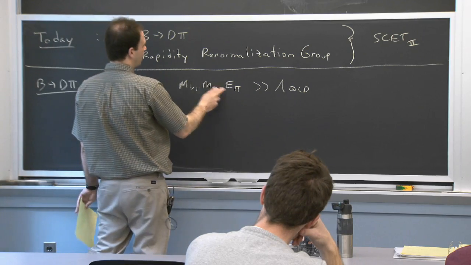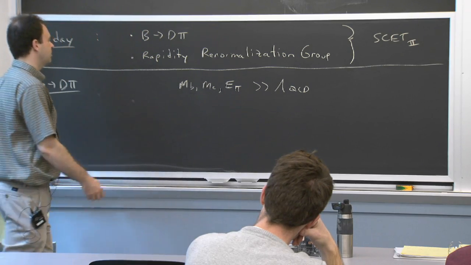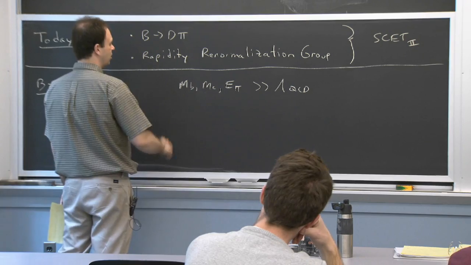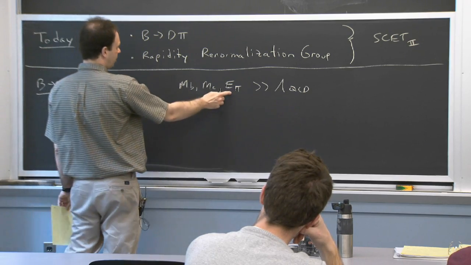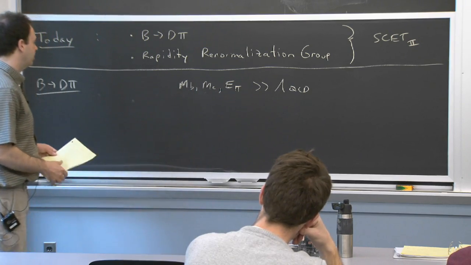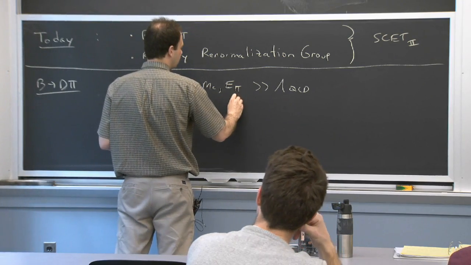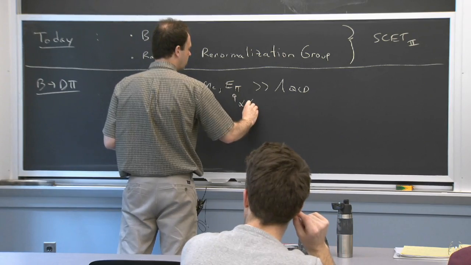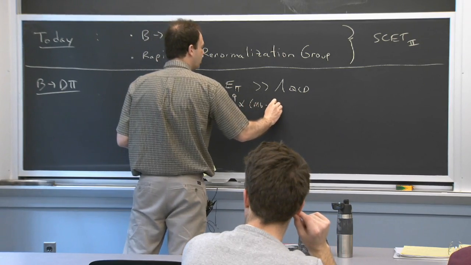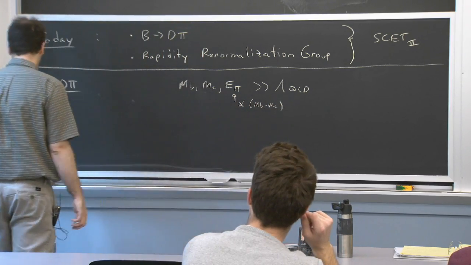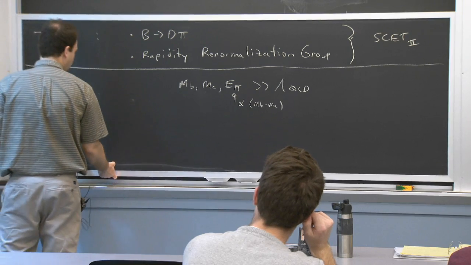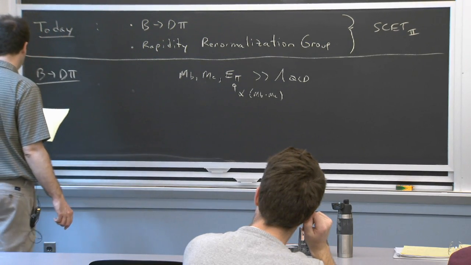And also the energy of the pion, which is in some sense related to the difference of the B quark and the charm quark mass, we'll also take that to be much greater than lambda QCD. So just by kinematics, this is proportional to m_B minus m_c, roughly. You could say it's the difference of the squares of the hadron masses.